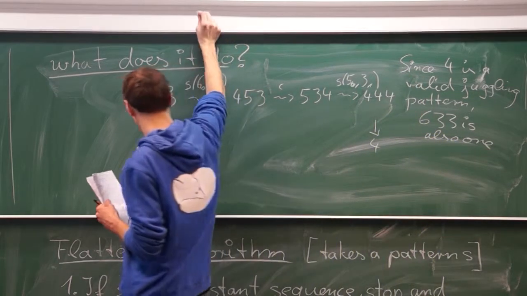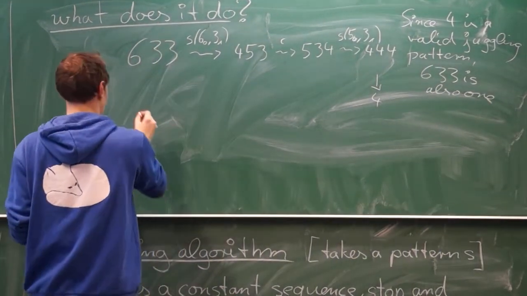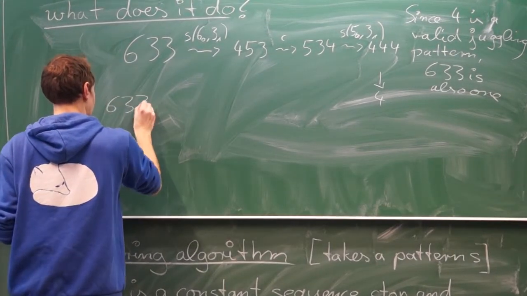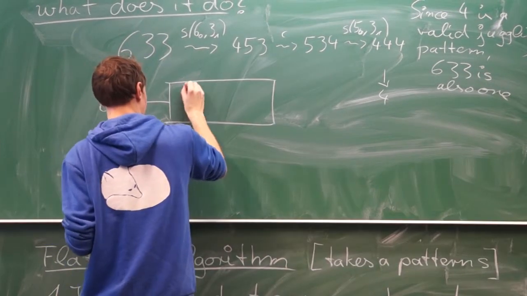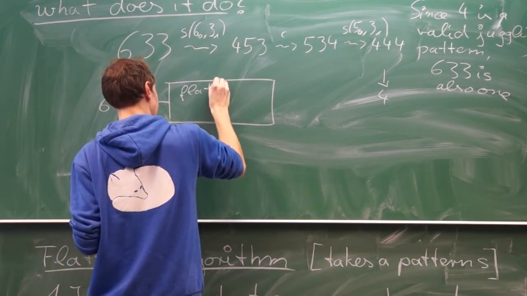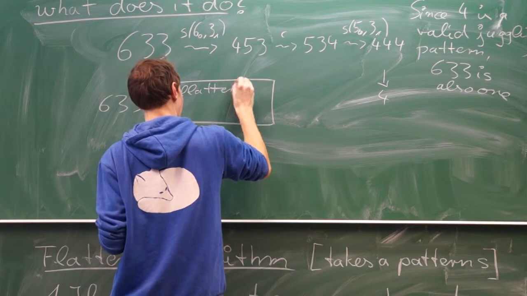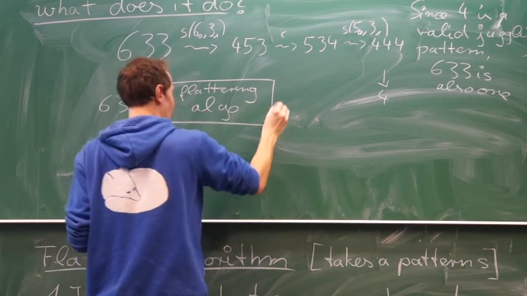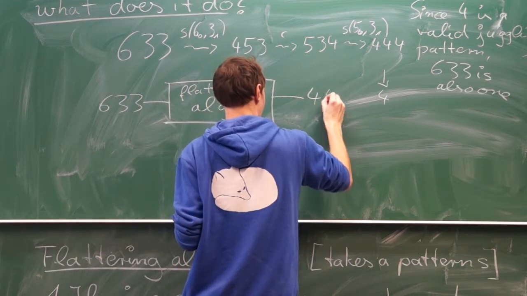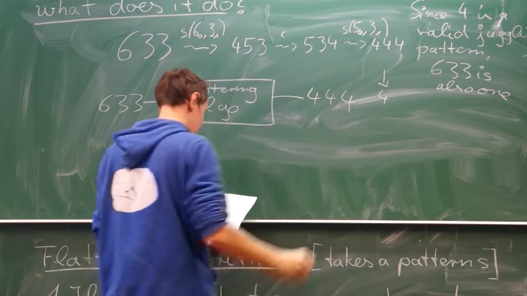Because what I do is the following: I got my pattern and I put it into this box. And this box is the flattening algorithm. And my output is 4, 4, 4.